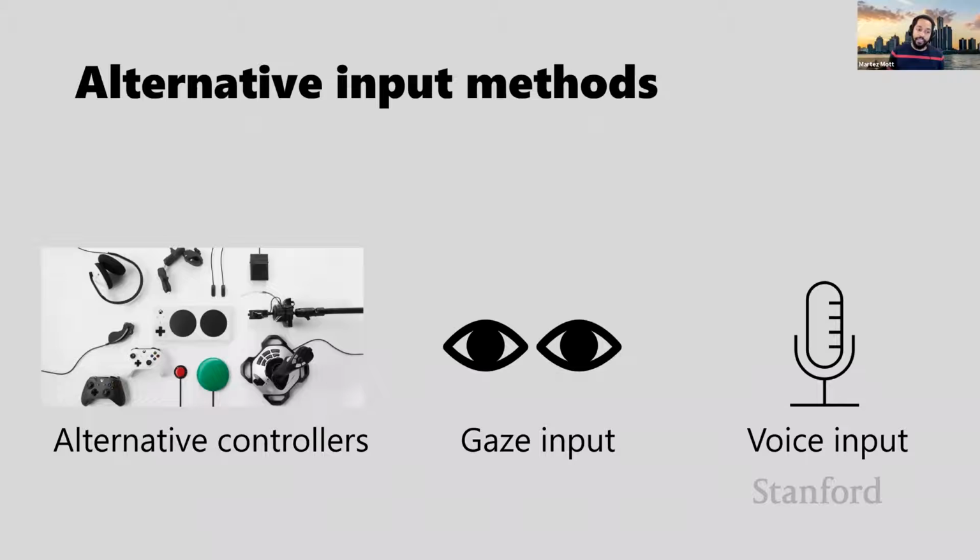So if someone uses a quad stick, or a series of switches or a trackball, what's the possibility for that? And other people ask how we can use different types of input modalities, like gaze input or voice input, to allow more accessible VR manipulations.